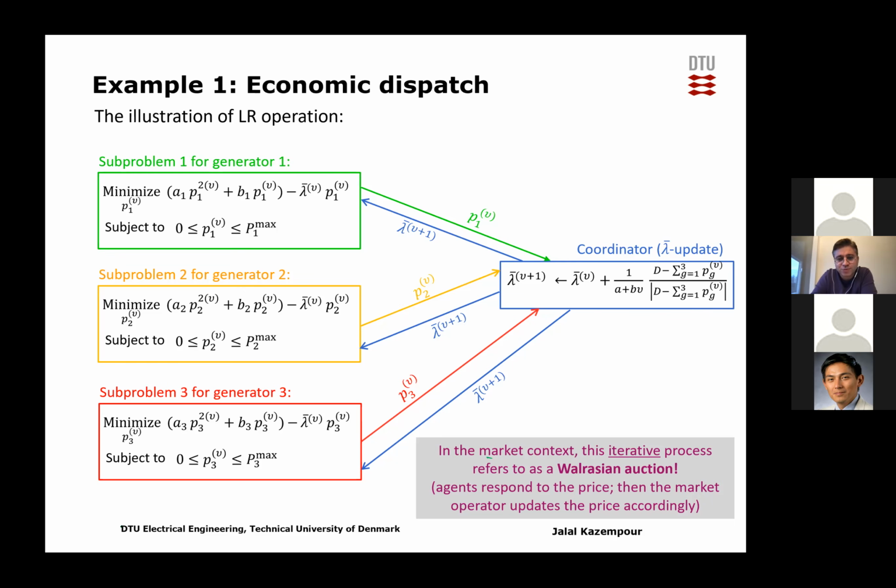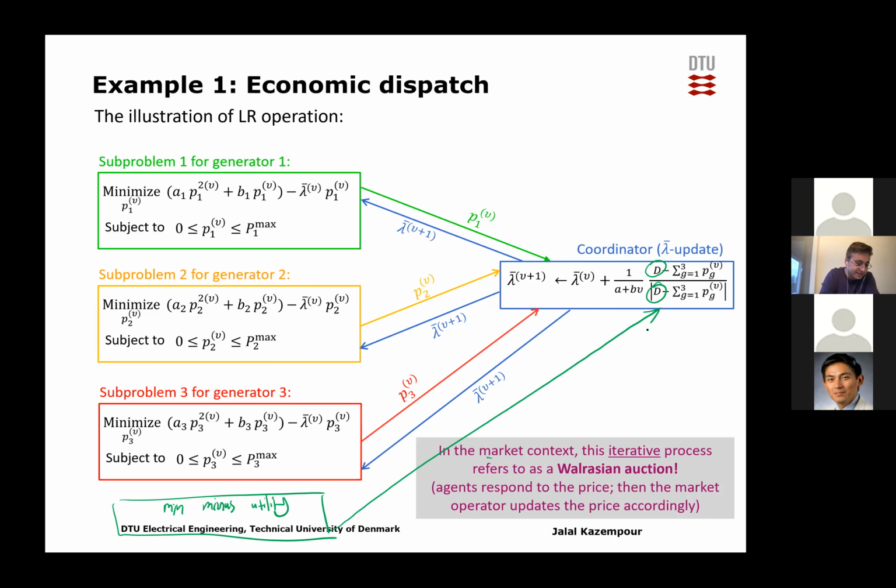Carol says more subproblems. Exactly. So now here, D will not be a parameter anymore. It will be a variable. So we need to add the fourth subproblem for elastic demand, who tries to minimize minus utility, right? Subject to her own demand constraint.